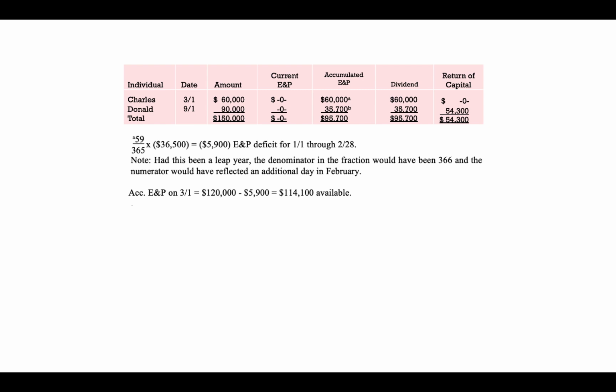So the first date of distribution is March 1. All right. On March 1, we say 59 out of 365 days of the year have passed. So we have the deficit of 36.5. And so we say as of March 1, our deficit is 5,900. All right, so we reduce accumulated earnings and profits by 5,900.